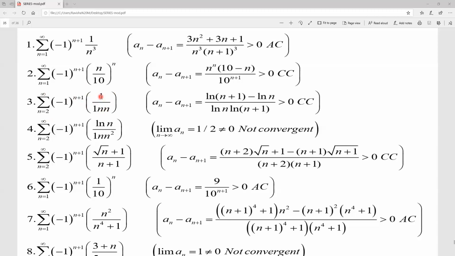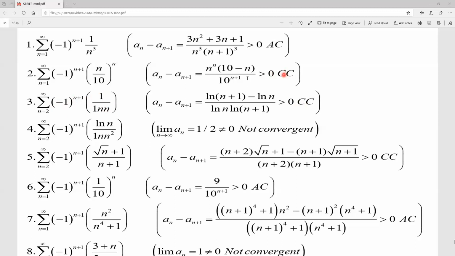Again, 1 by log n is greater than 1 by n, and 1 by n is the harmonic series, which diverges. So the absolute series diverges, but the alternating series is convergent. Therefore, you can conclude that the given alternating series is conditionally convergent, because the absolute series is divergent but the alternating series is convergent.